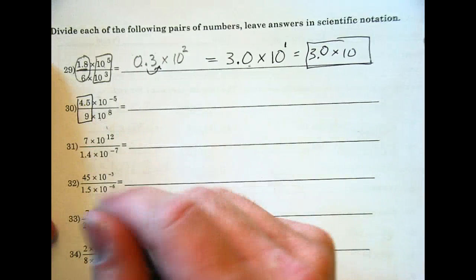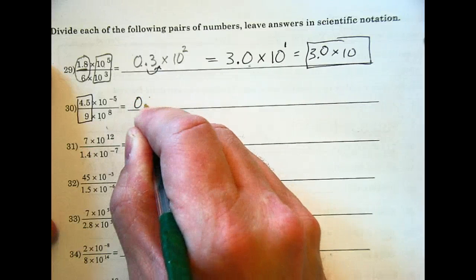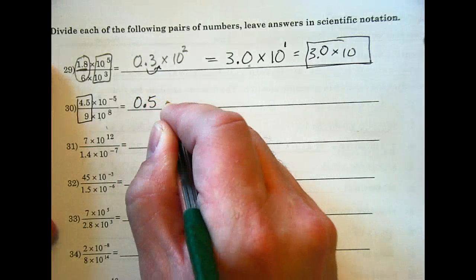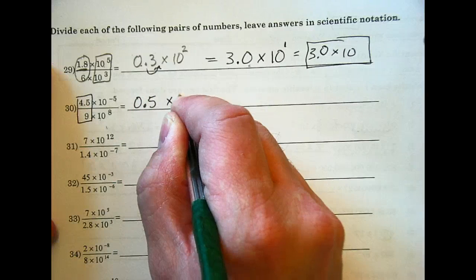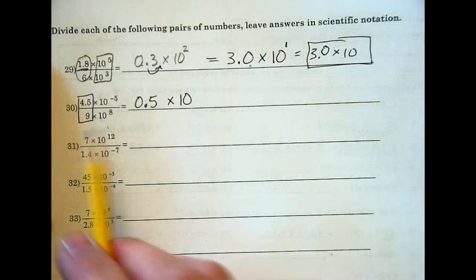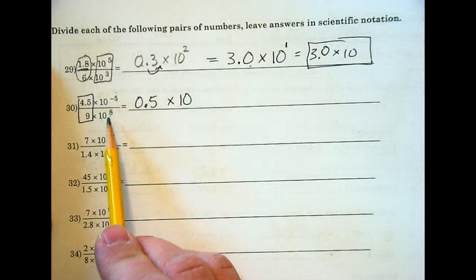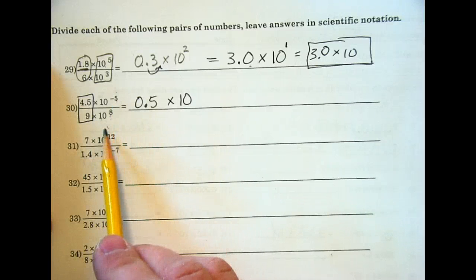Or 45 divided by 9 is 5. So that's 0.5 times 10. Where do you have more? You have more 10s on the bottom, right? You have negative 5 on top and positive 8 on bottom. How many more on bottom? 3. Not 3. You have negative 5.